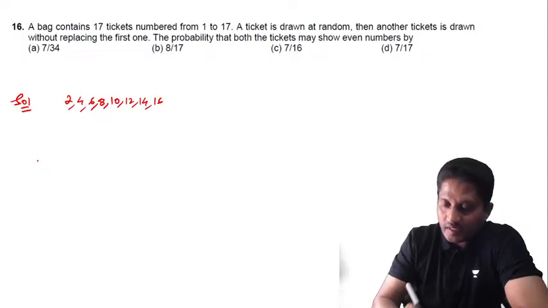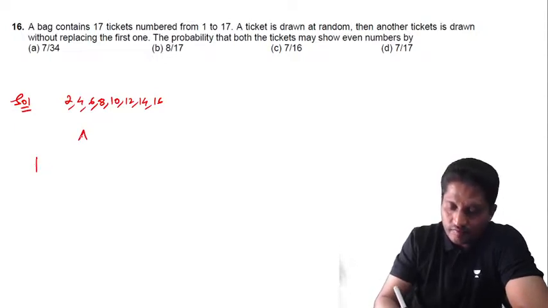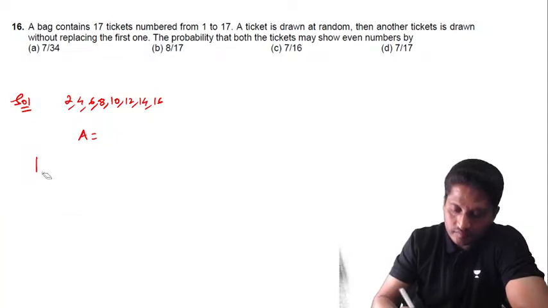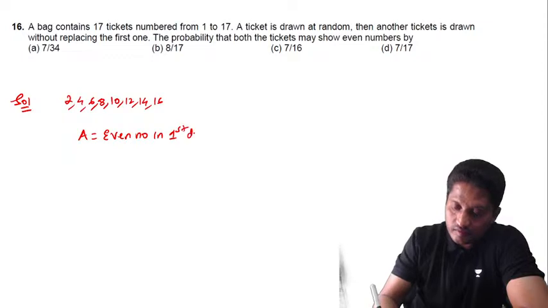Okay, probability that A is equal to an even number in the first draw, and B is equal to an even number in the second draw.